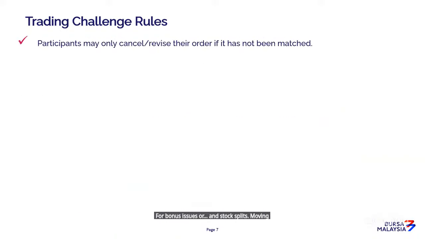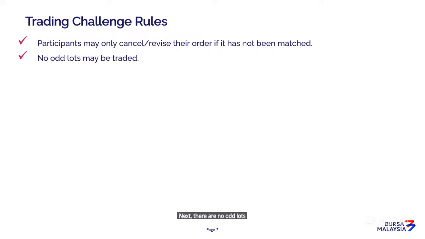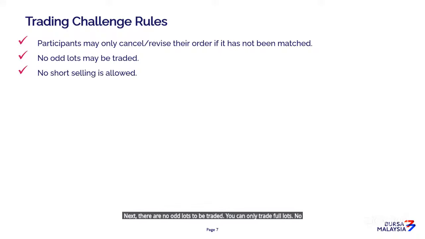Moving on, participants may only cancel or revise their orders if they have not been matched. Next, there are no odd lots to be traded. You can only trade full lots. No short selling is allowed.